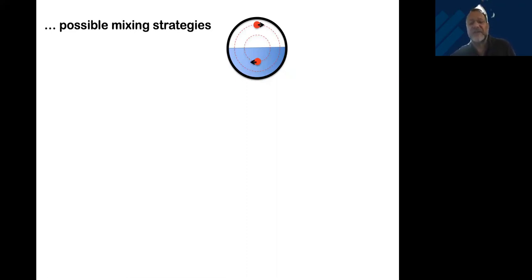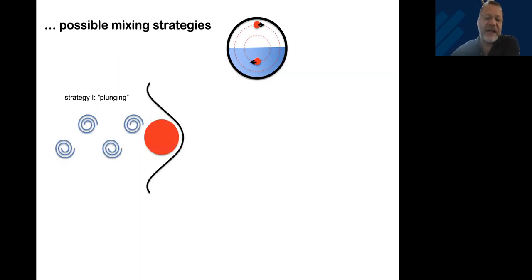So you can design a control protocol, a control strategy for these stirrers any way you want along these circular paths. You can go back and forth. You can spin around like mad. You can do whatever you want to, but you only have a finite time horizon and a finite energy budget to spend. What would you do? What would be a possible mixing strategy?